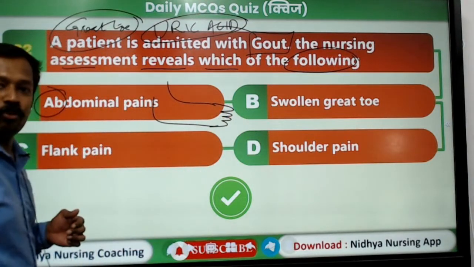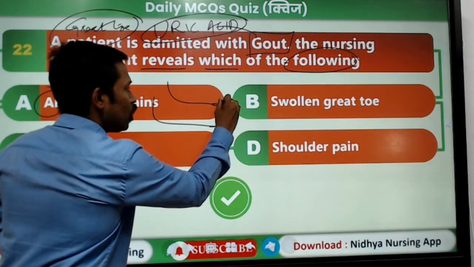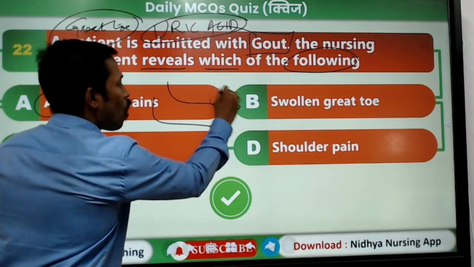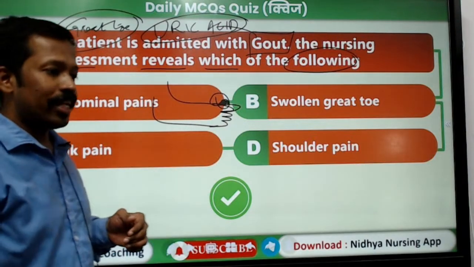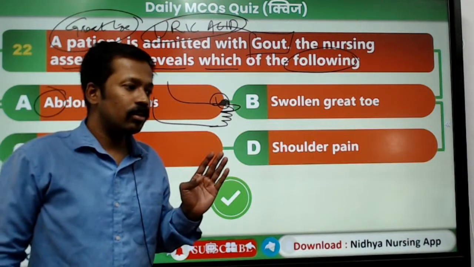This is the foot of the patient. This is the great toe. So here what happens? One node like structure. Swollen or nodule like structure. What is the name of that?